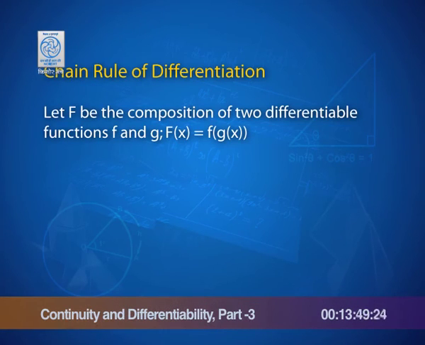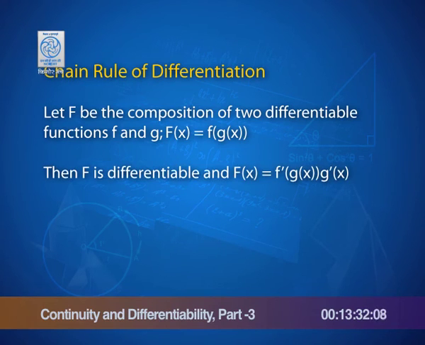If F is a composition of two differentiable functions f and g, that is, F of x, note the capital F, is the same as f of g of x, then F is differentiable and its derivative is the product of the derivative of f at g of x and the derivative of g. So, it is f dash of g of x into g dash of x.